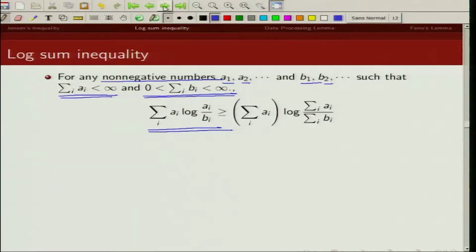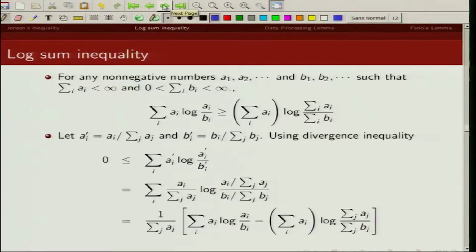Now let us prove this. Let us consider ai dash, which is ai divided by the summation of the ai's, and bi dash, which is bi divided by the summation of the bi's. Now let us find the divergence between ai dash and bi dash. What do we know about the divergence between two density functions? Basically we know the divergence is greater than or equal to 0.